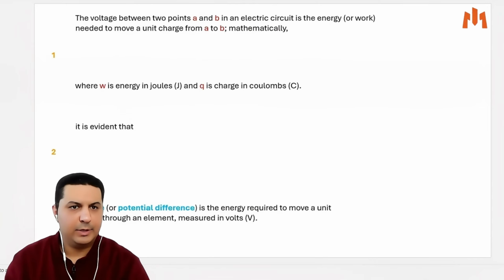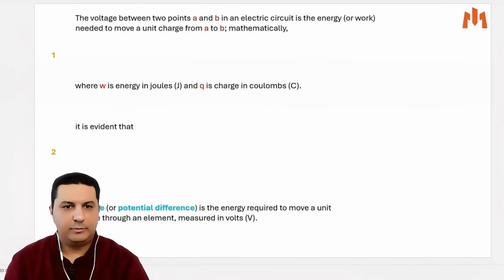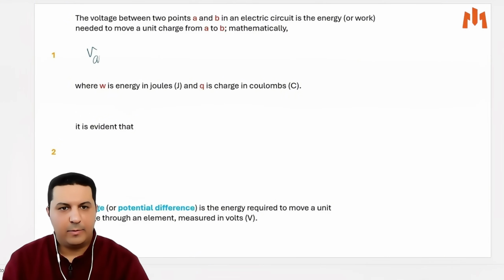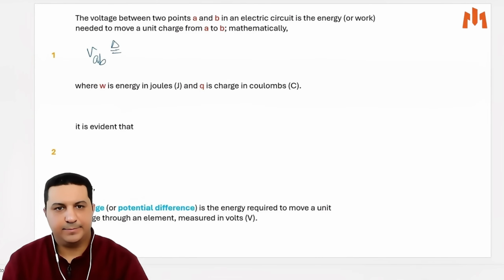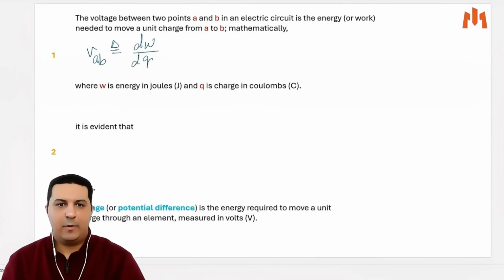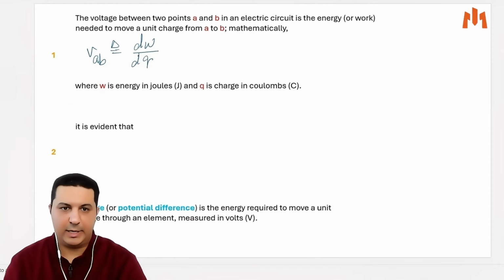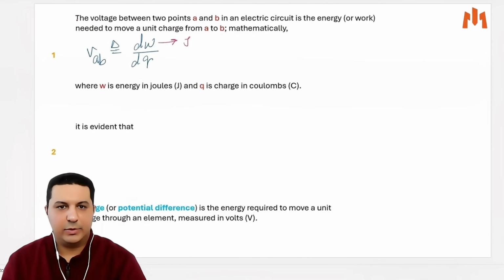As you see, this is the voltage between 2 points A and B. You can define it with the differential of work divided by the coulombs, where W is energy in joules and Q is charge in coulombs. As I want to write here, this is joule and this is the coulomb, okay?